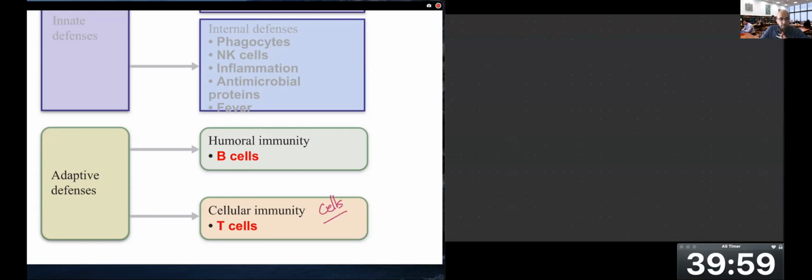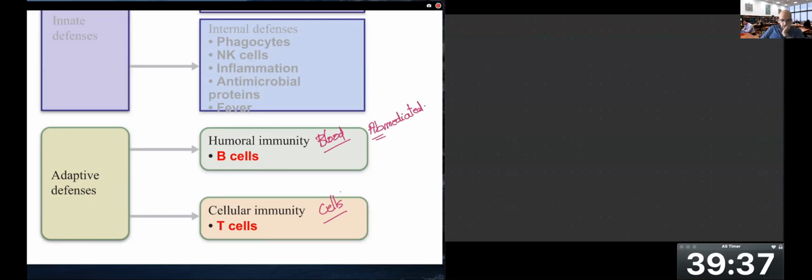All right, so again, here I have blood, or to be more accurate, this is an antibody mediated response. Antibodies are the ones that will act in this case.